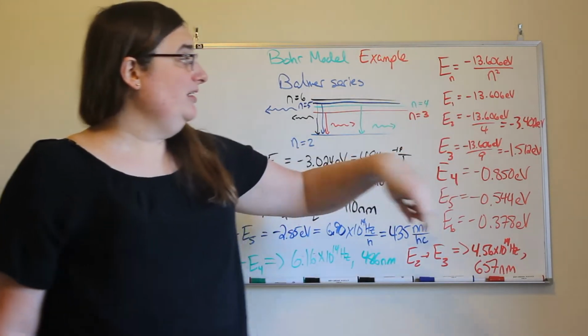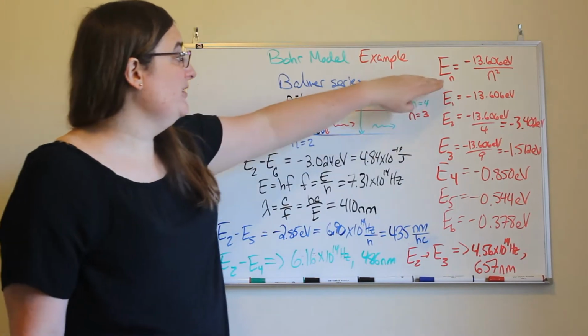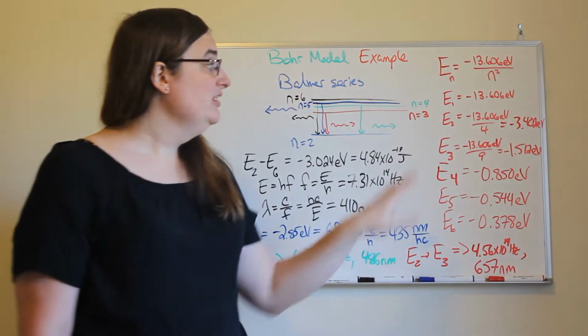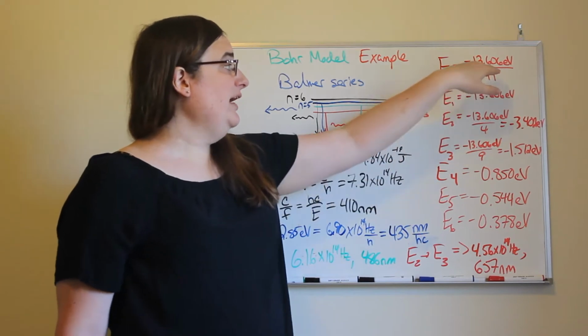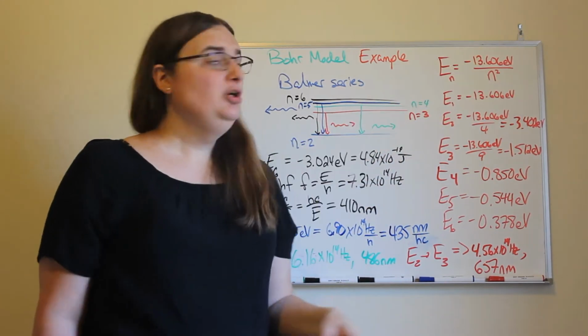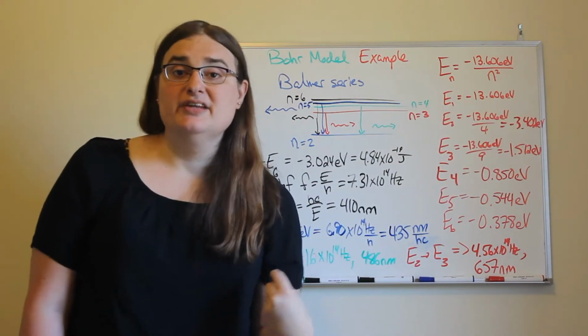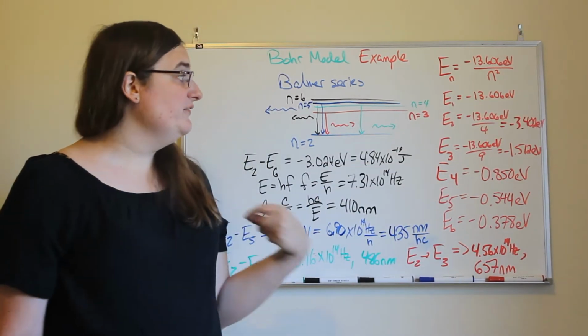So, to make our lives easy, I want to start by calculating all of the energy levels that we're going to need. Now, the lowest energy level, or ground state, for a hydrogen atom would be n equals 1, so that would give us an energy level of negative 13.606 eV.